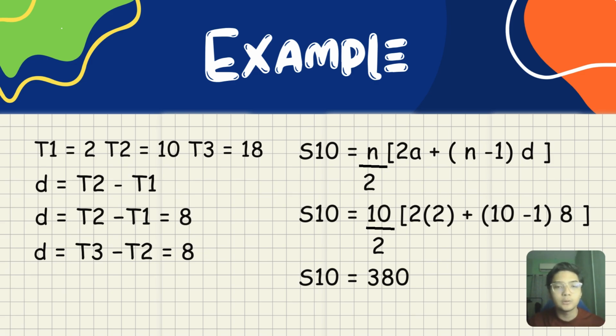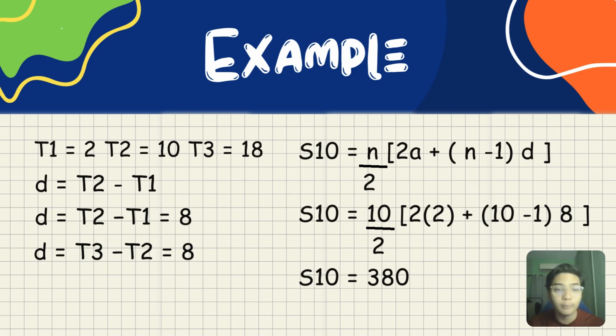Next, let's see example 2, about the sum of terms. Using the same sequence, you have to determine the sum of the first 10 terms. It is a simple and similar process. First, we find d, the common difference.